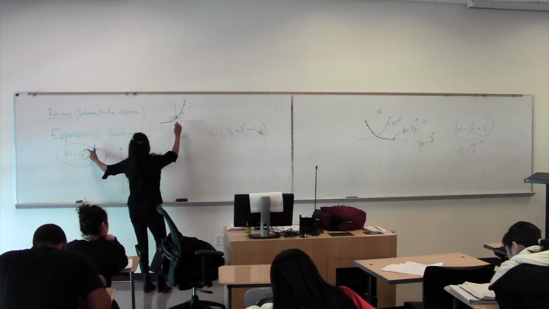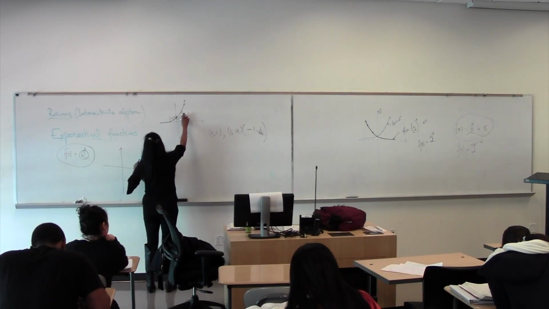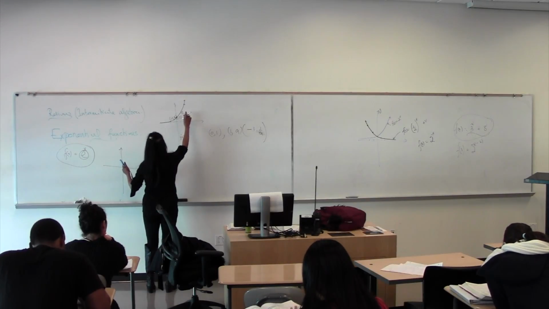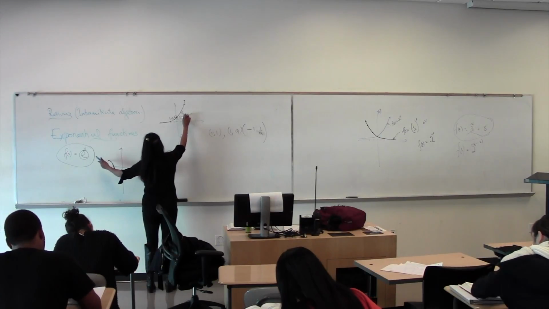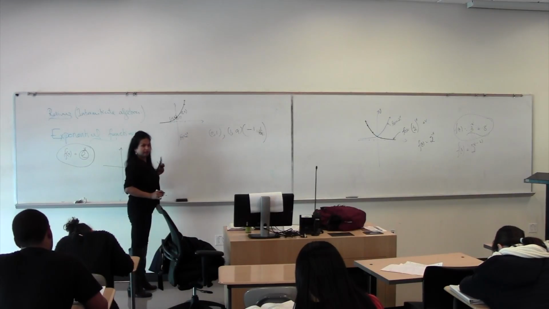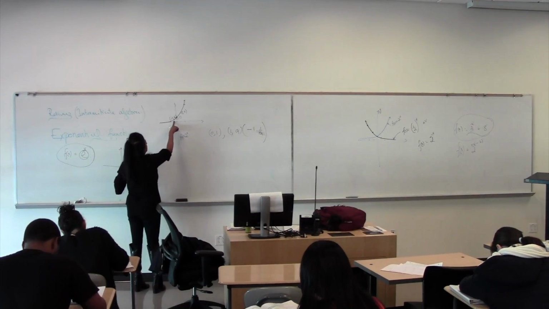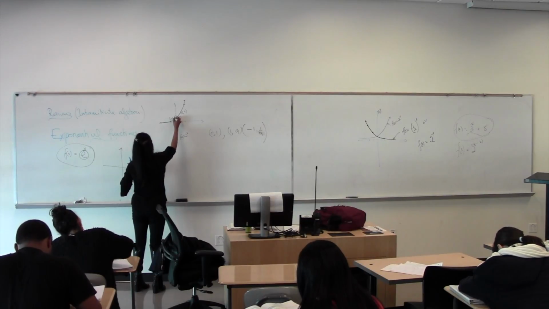So what are the points we have to have? This is 0, 1. What is this one going to be? 1 and e, right? What is this one going to be? Negative 1 and 1 over e.